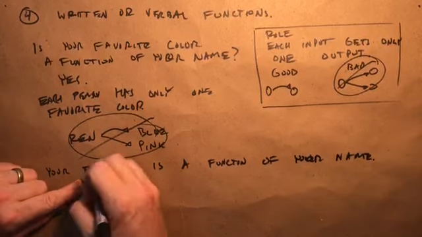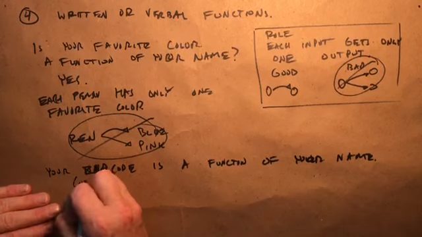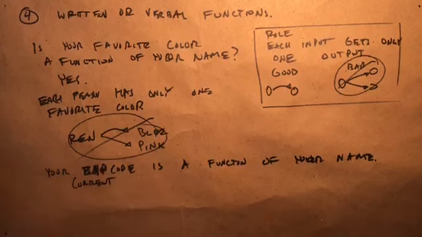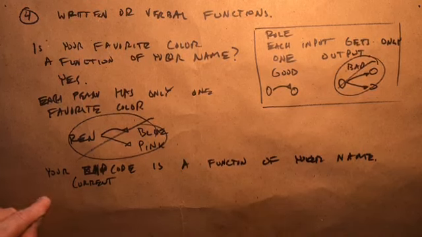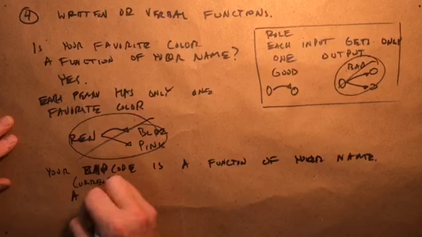And by zip code, I'm talking about where your current mailing address is. Not where your parents are, where you vacation. I don't care. If you're vacationing, you have a zip code as long as you're in the US. But so, and I think this is a function. You put one name in, there's only one place that that person can be in. Yes, a function.